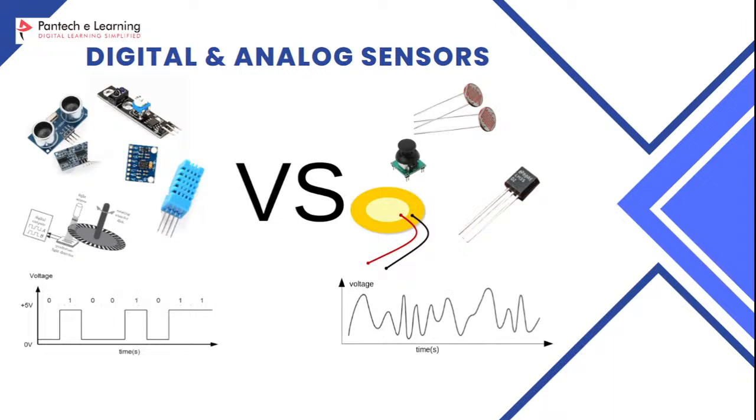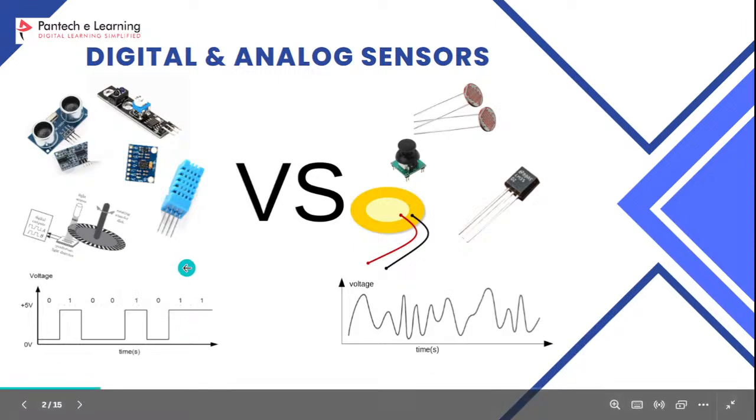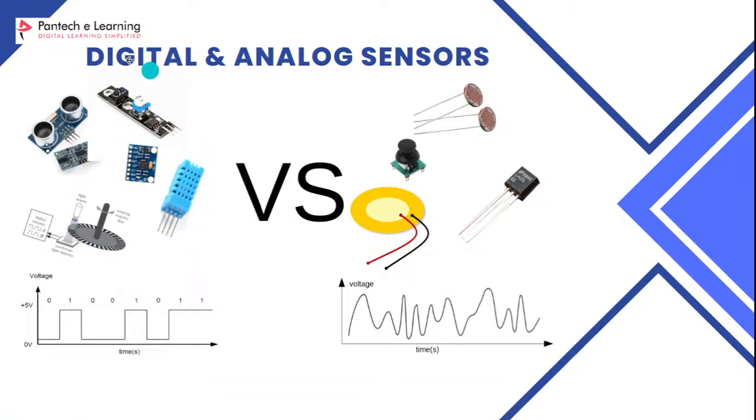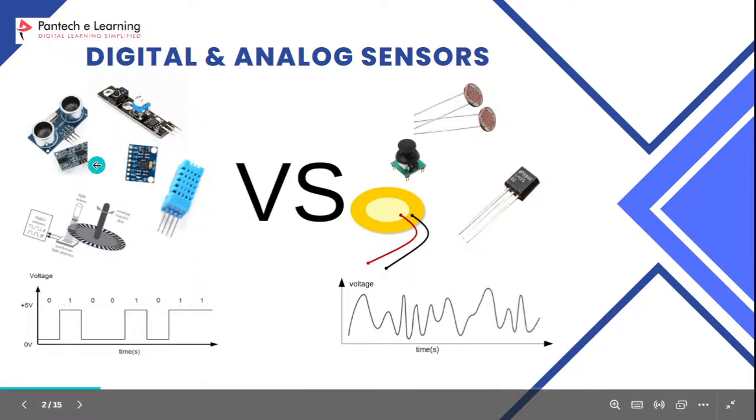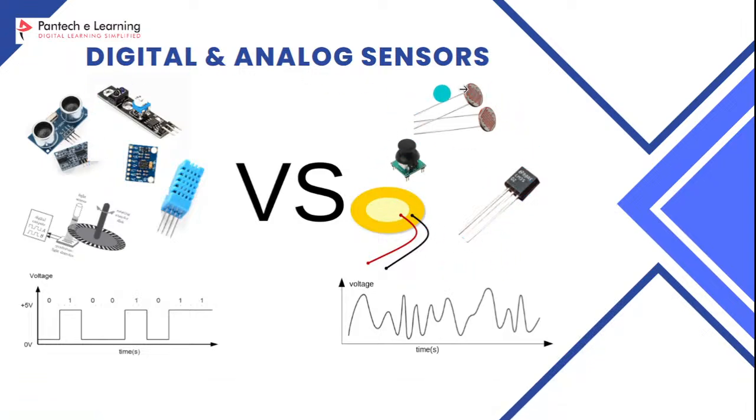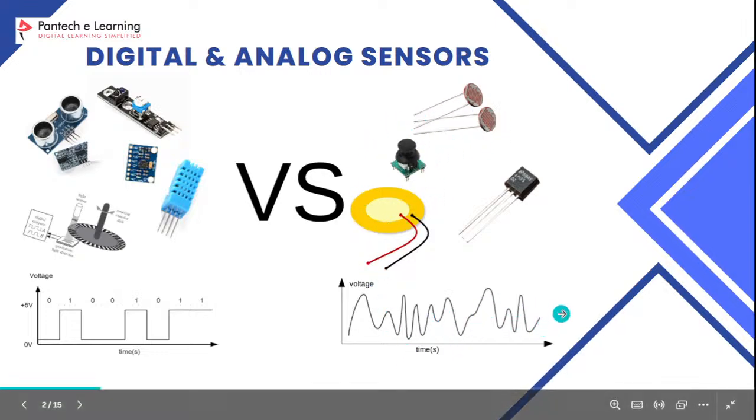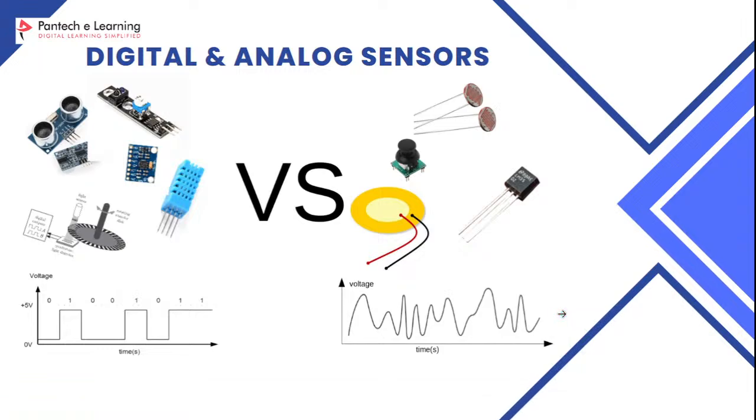Okay. So now let me explain it. An analog sensor measures a continuous physical quantity such as temperature or pressure and produces an output signal that is proportional to the input.